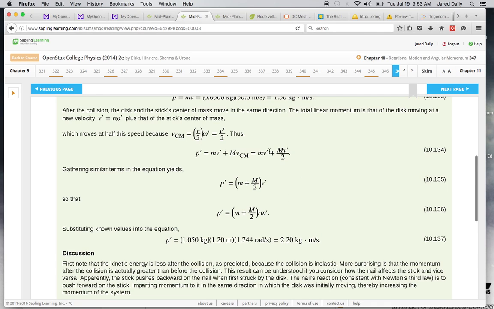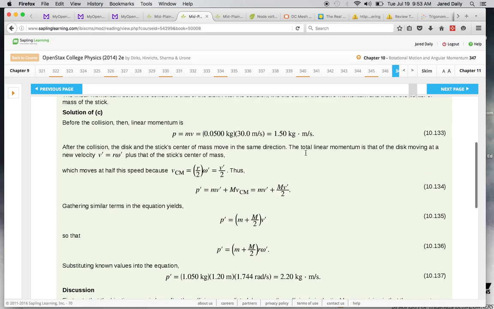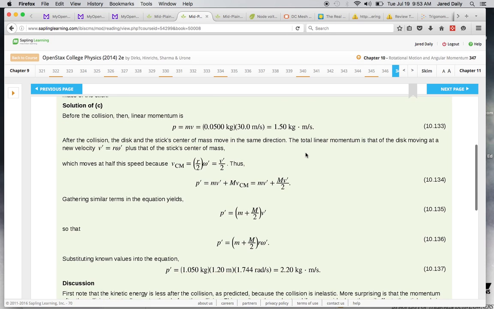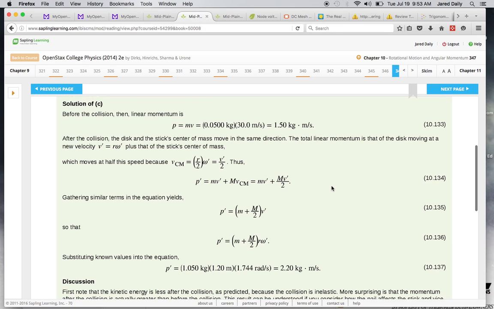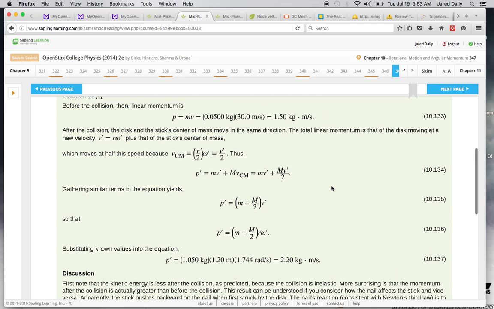But anyway, what we see here is that linear momentum increases. I think I was saying kinetic energy. But anyway, it's linear momentum that increases after the collision, and that's really kind of interesting because we had angular momentum, which is conserved. We had linear kinetic energy, which we lost some of, but linear momentum, we actually gained some. And that is kind of weird, kind of interesting.